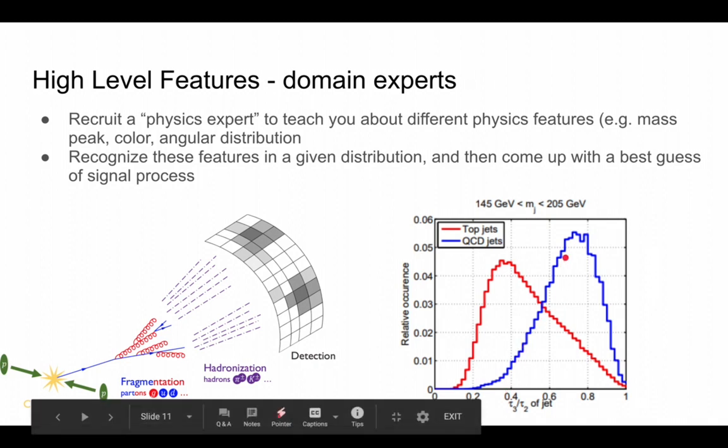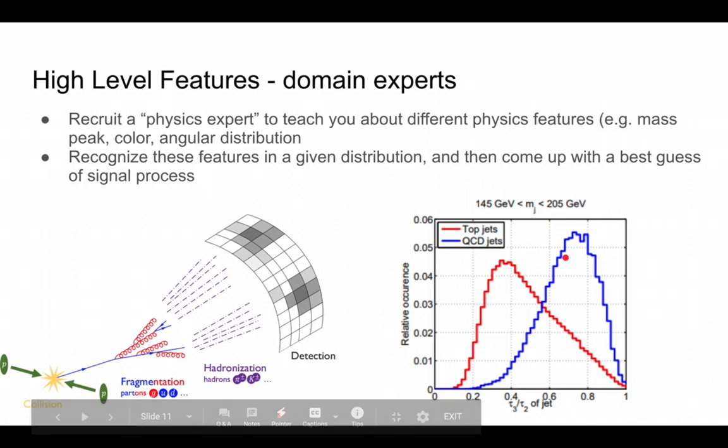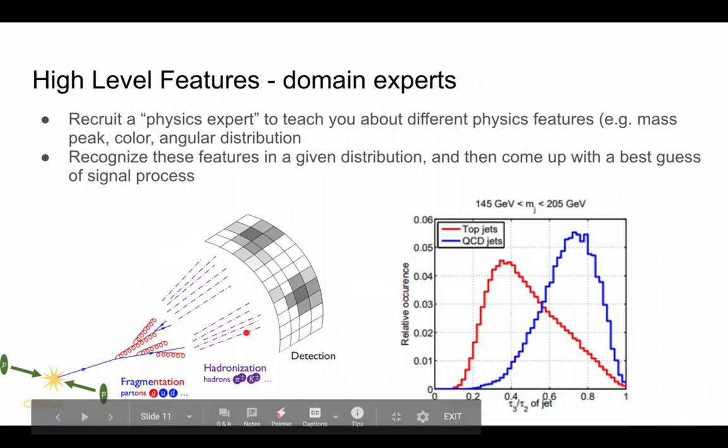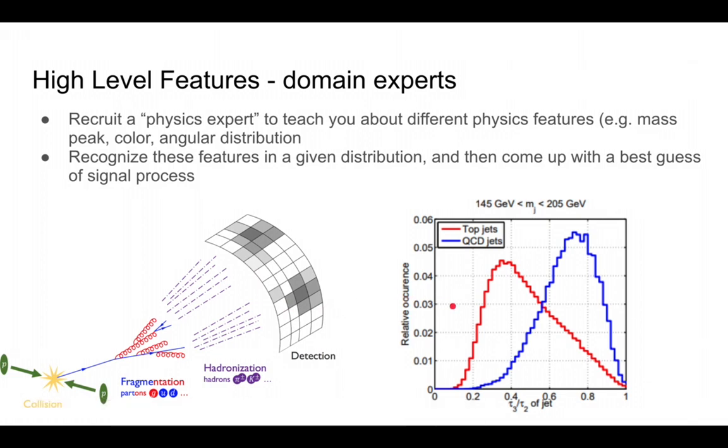You can read the definition in more detail from the reference papers. Using the known knowledge, we can compute the variables which can be used as a high-level feature for the top quark and the QCD quark jet classification.